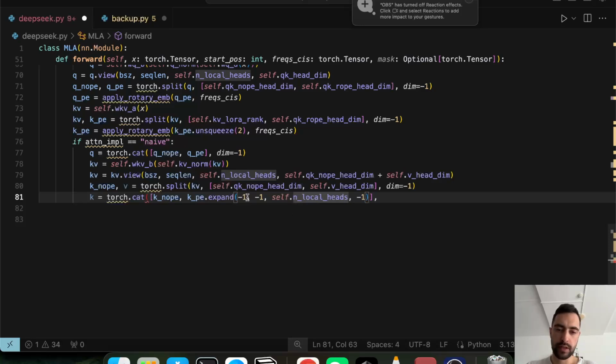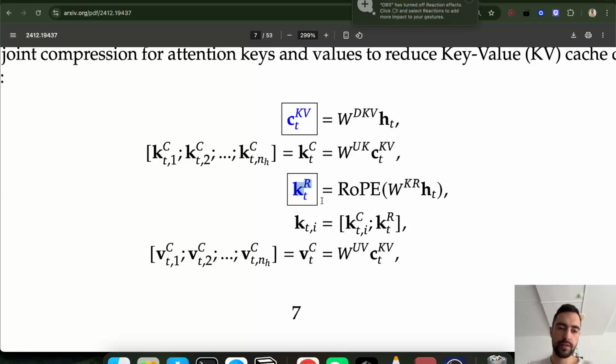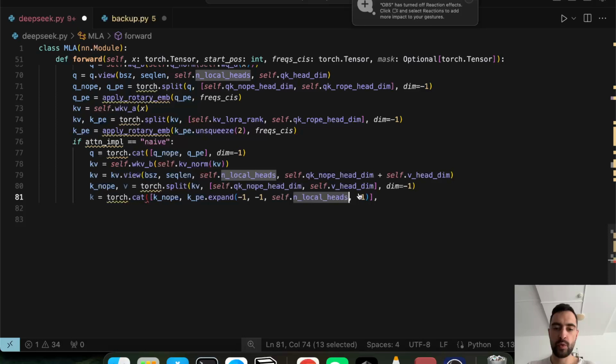So this is going to be batch, sequence, and number of local heads. So for each head we will have one of these, and it will just be one within each head, along the last dimension.